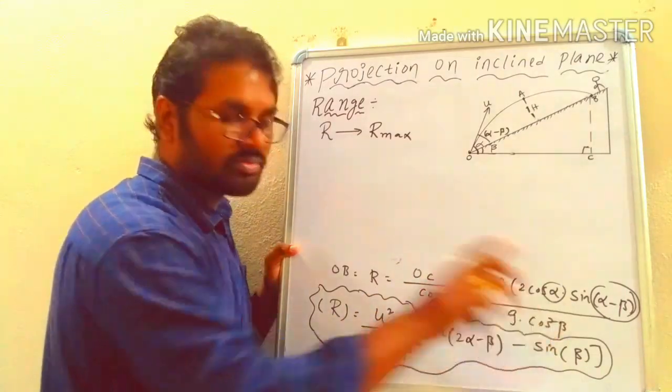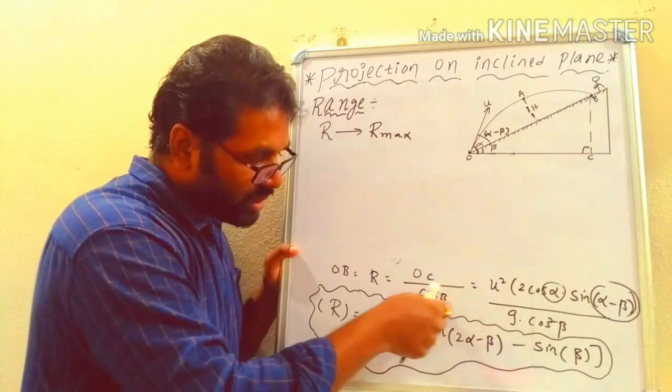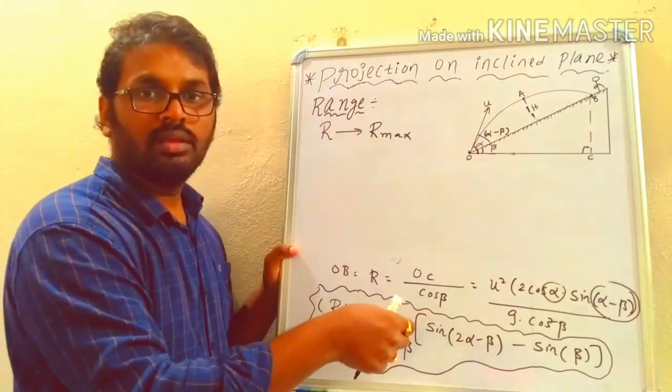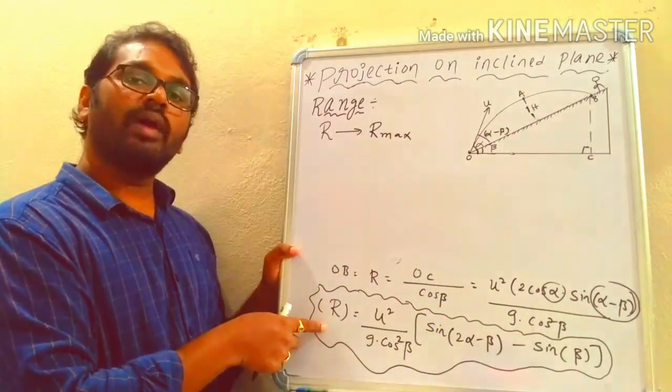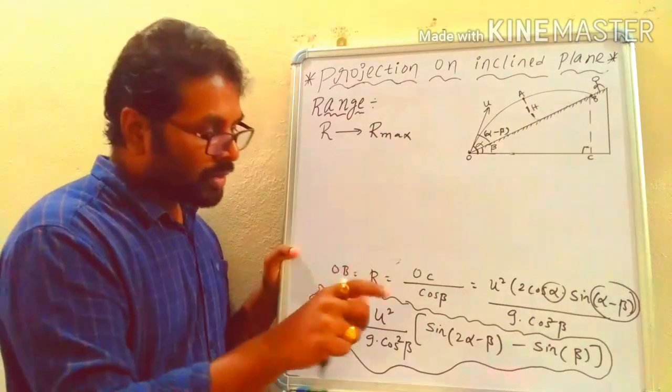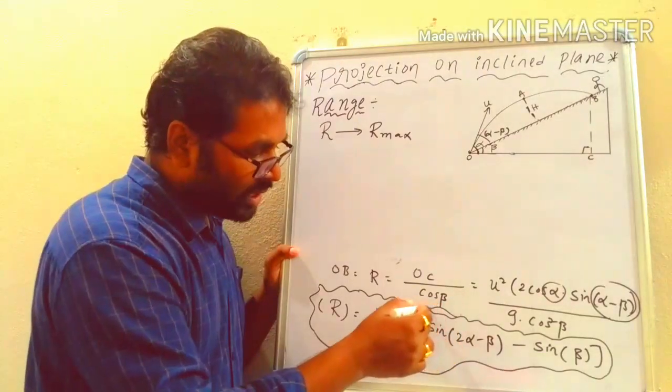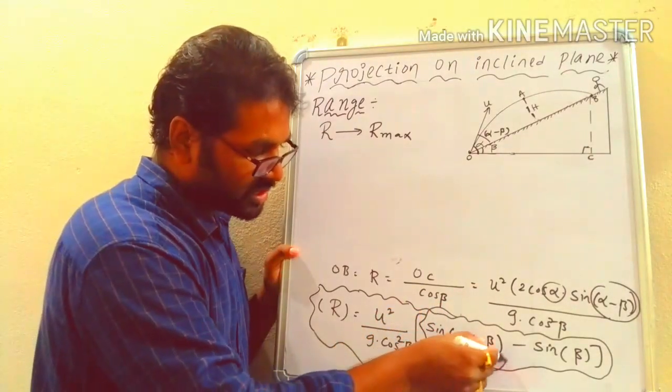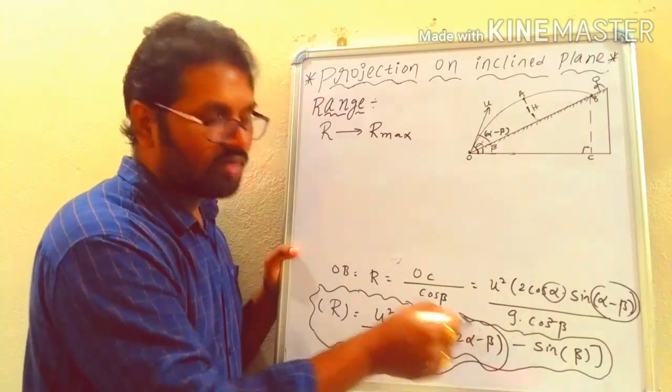So whenever we make this term maximum, you will always get the range maximum, because the remaining things are constants. So our main focus is only on the first term, which is sine of 2 alpha minus beta.